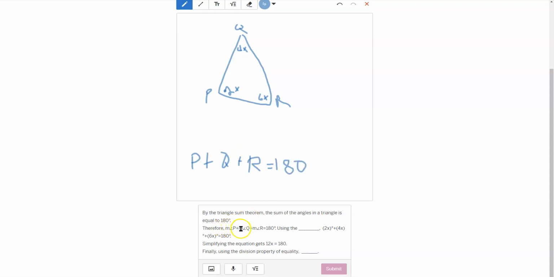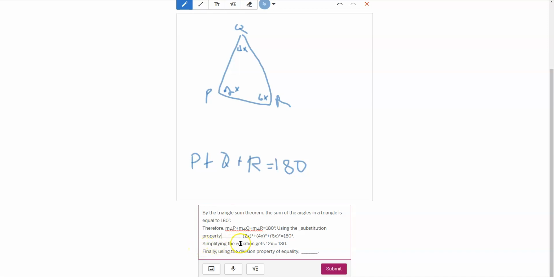Therefore, measure P plus measure Q plus measure R equals 180 degrees using the substitution property. 2x plus 4x plus 6x equals 180 degrees.